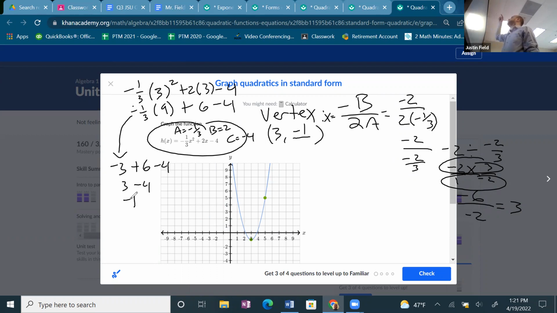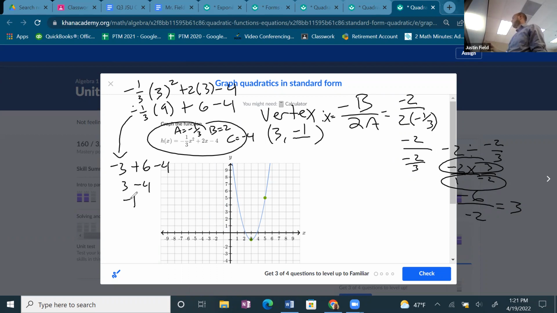What we can do is substitute in a number on another side. So I'm thinking about it. If I substitute in 4, I'm going to get 4 squared, which is 16. But when you multiply that by 1/3, you're going to get a fraction, so I don't want that. Then I thought in my head, what about 5 squared? 5 squared is 25, times 1/3 is a fraction.